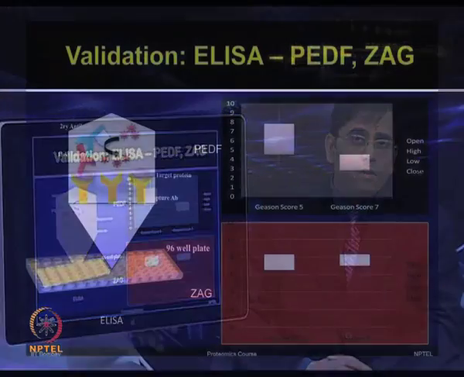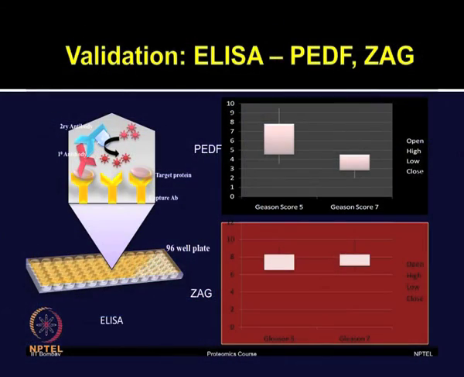For validation, the authors employed various techniques including Western blots, enzyme-linked immunosorbent assays or ELISAs, and also immunohistochemistry. The pigment epithelium-derived factor PEDF and zinc alpha 2 glycoprotein, also known as ZAG, were further validated by the ELISA technique.